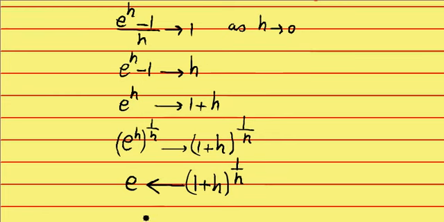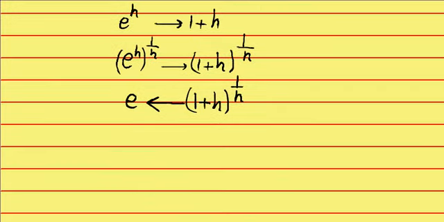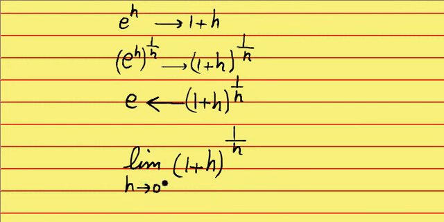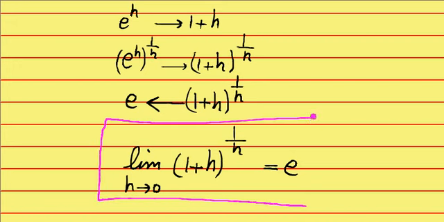So let's draw the arrow the other way around. Now we have the following final conclusion: the limit of 1 plus h to the power of 1 over h as h goes to 0 is that number e. So this is one way of talking about the number e. There are many, many ways of writing this famous number, and this is one of them.